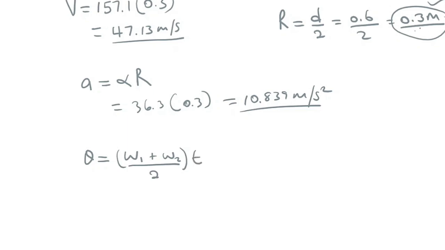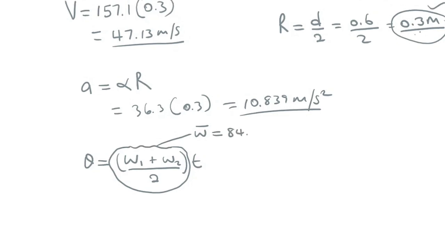You see that the portion in the bracket is the average angular velocity, which we have already calculated as 84.54 radians per second.